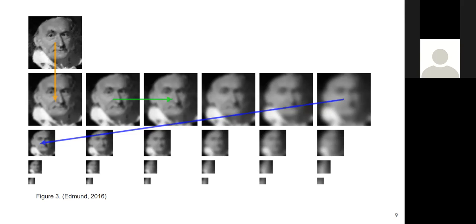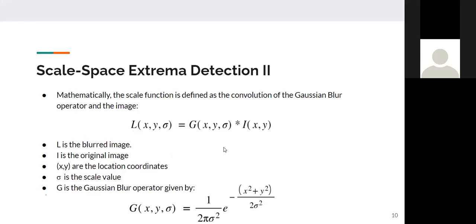You can have any number of scales and octaves as you like. However, the original author of the SIFT paper recommends 4 octaves and 5 scale levels for optimal performance. More about scale space extrema detection.